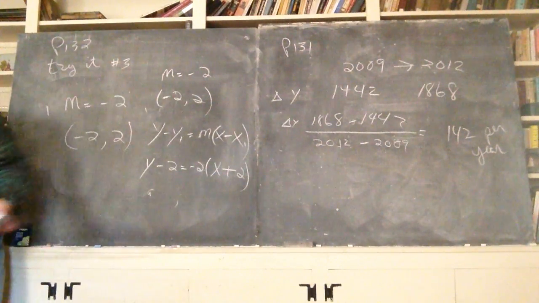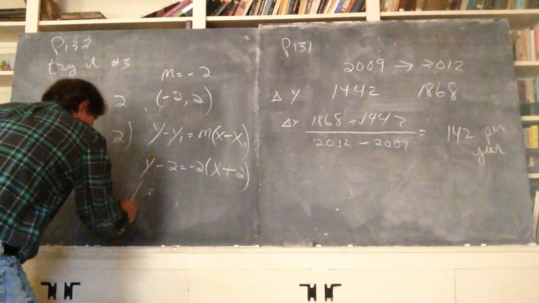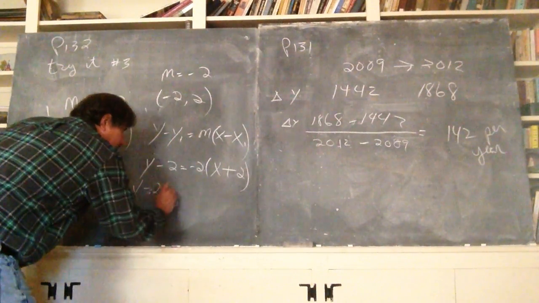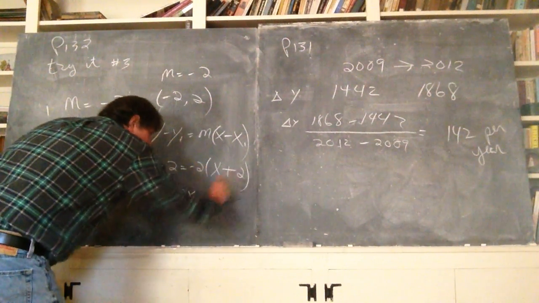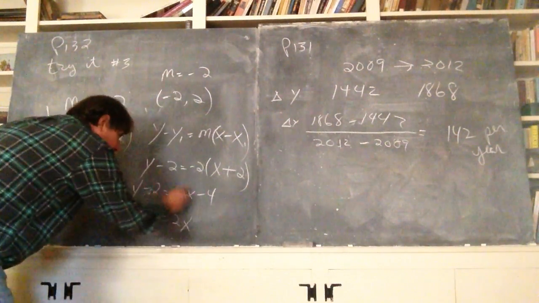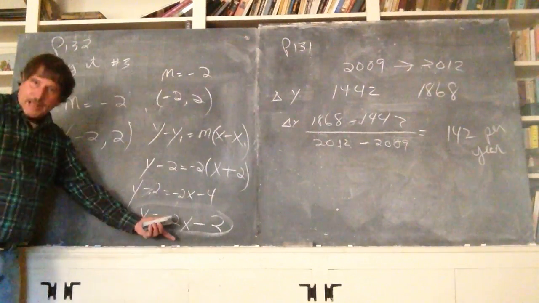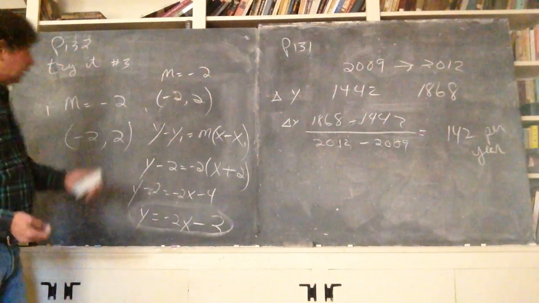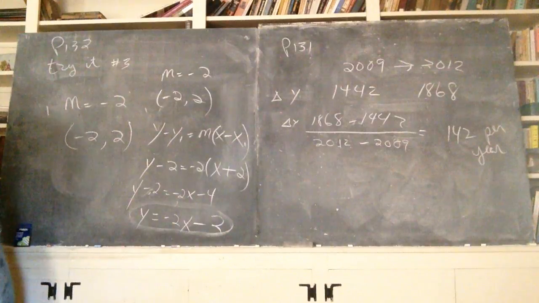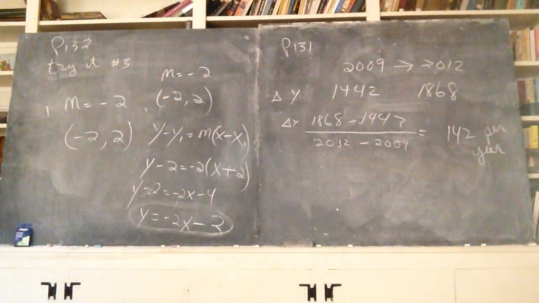And I think you're supposed to put it in slope-intercept form, which means we're isolating y. y minus 2 is -2x minus 4. y equals -2x minus 2. All the 2's in that problem. That's try it number 3, where we had a point and a slope, and we put it in point slope form.